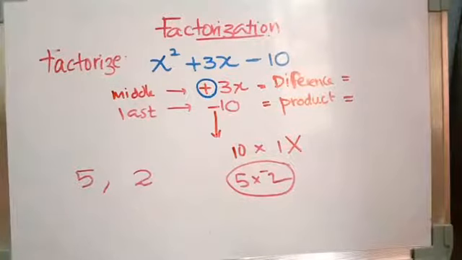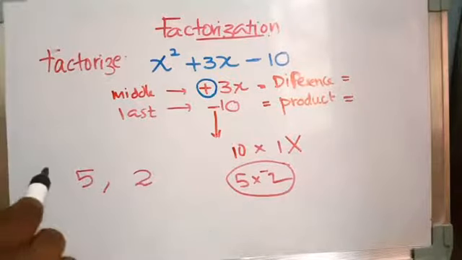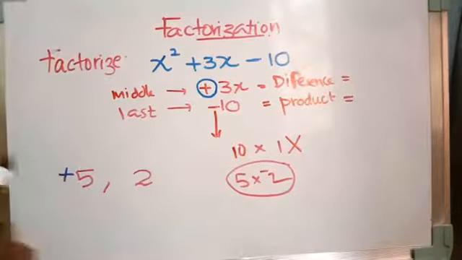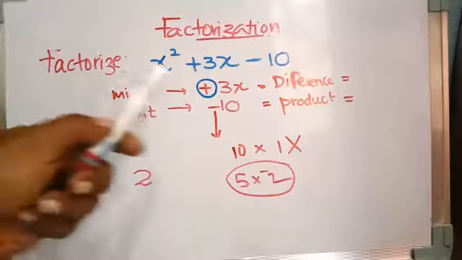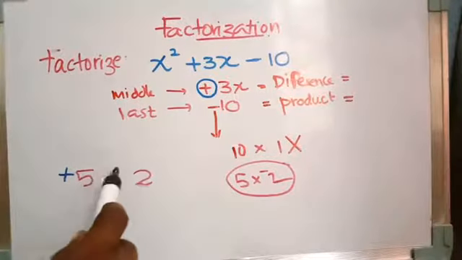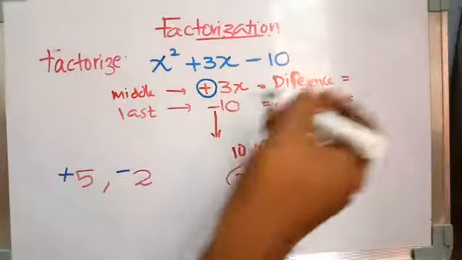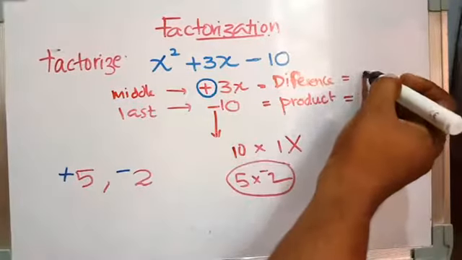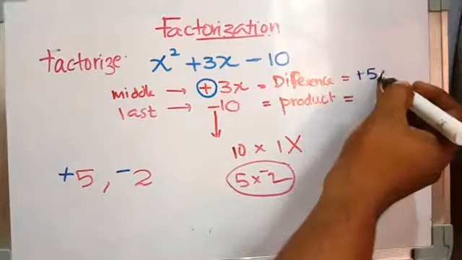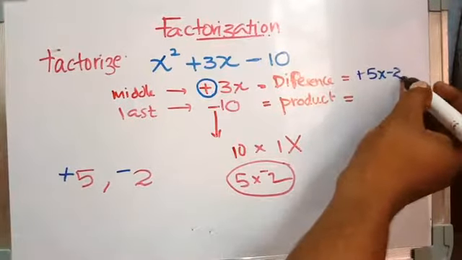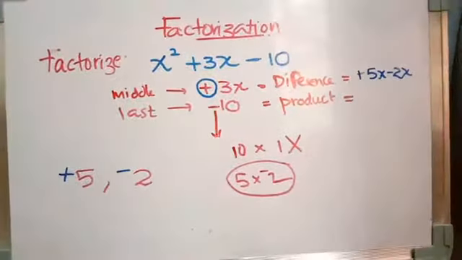If you want the middle term positive, the bigger number should be positive. That means the smaller is negative. So we can write this plus 3x as plus 5x minus 2x. Plus 5x minus 2x is 3x.